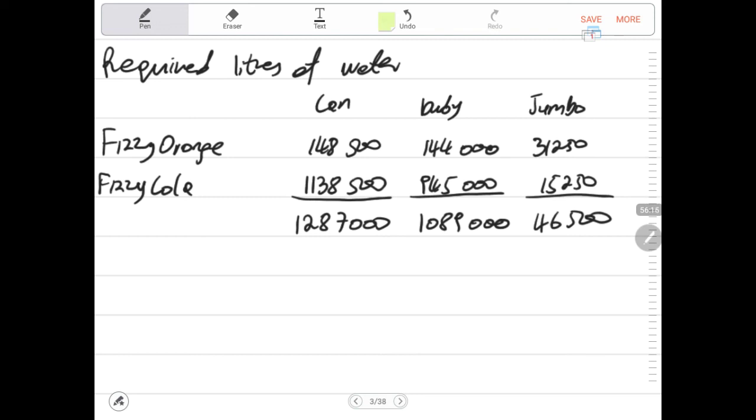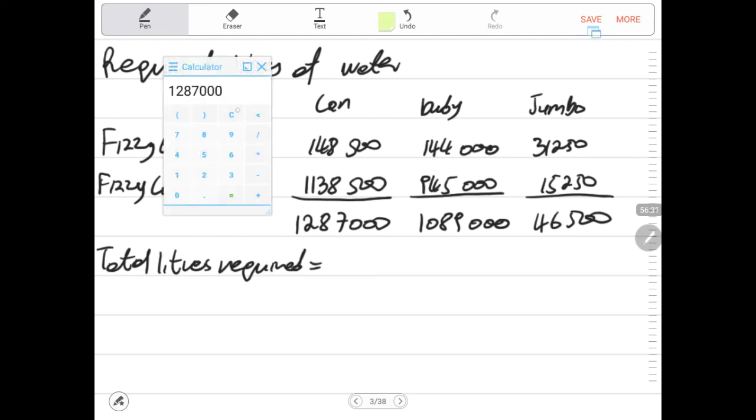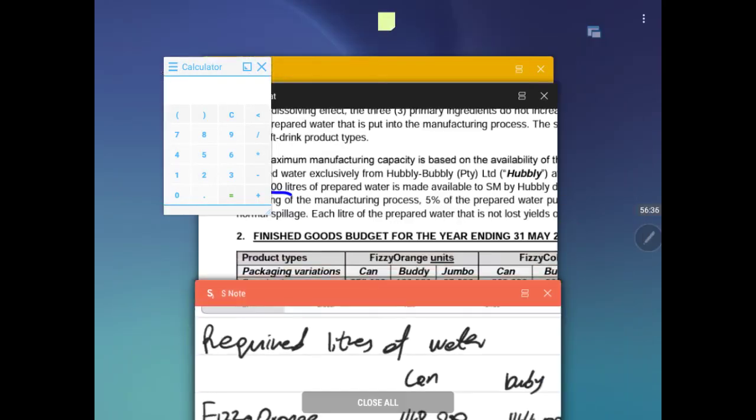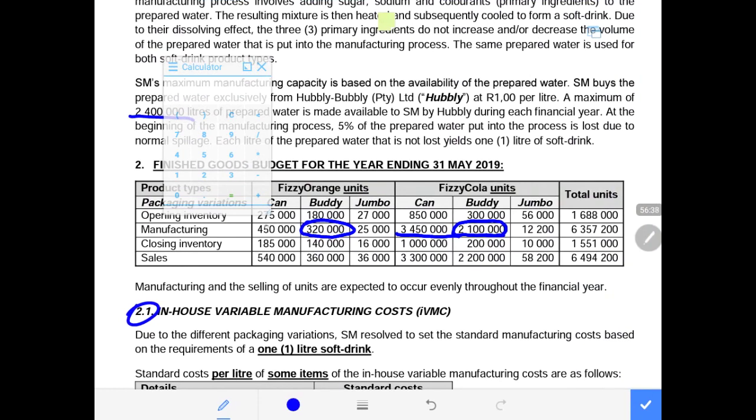Now we need the total of all the liters. Total liters required. When I said you could have added, I mean that you could have said 450,000, which is a can, plus 3,450,000, which is a can, because the packaging variation here is 330 milliliters for all the cans.